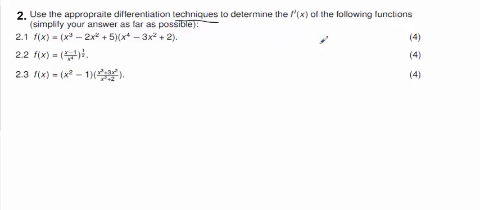What are the techniques or rules which we have so far? Reflecting on that, number 1, I think we've got the power rule, number 2, the chain rule, and number 3, the product rule and quotient rule. I'll just take the product and quotient together because of the relationship between the two of them.